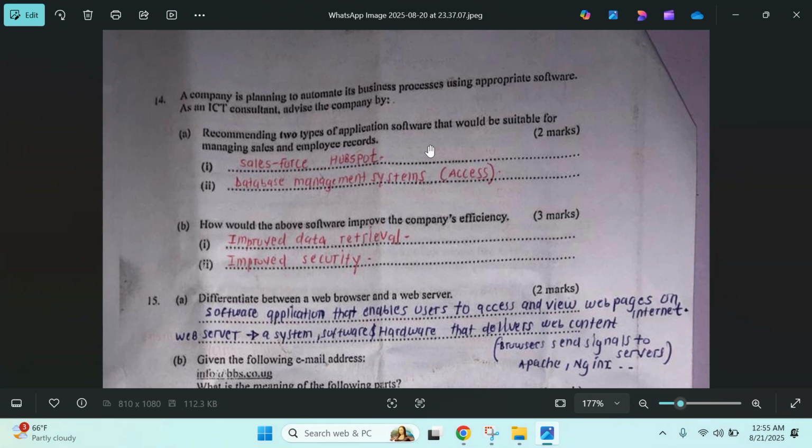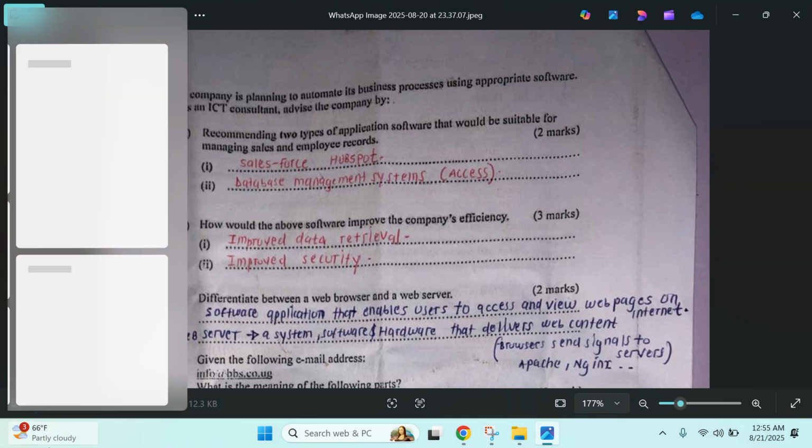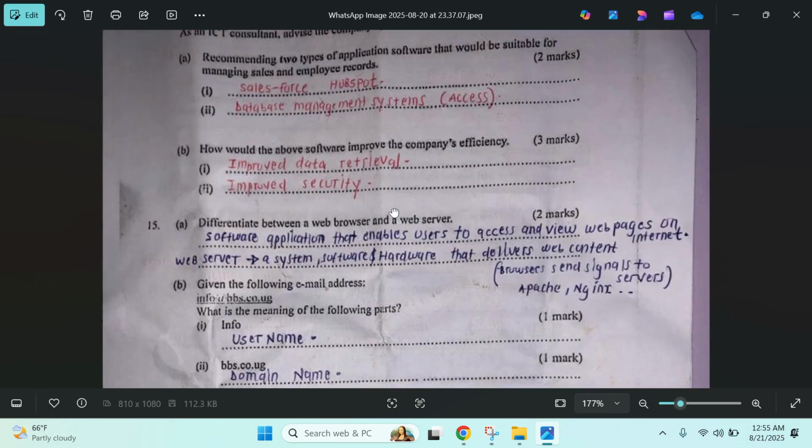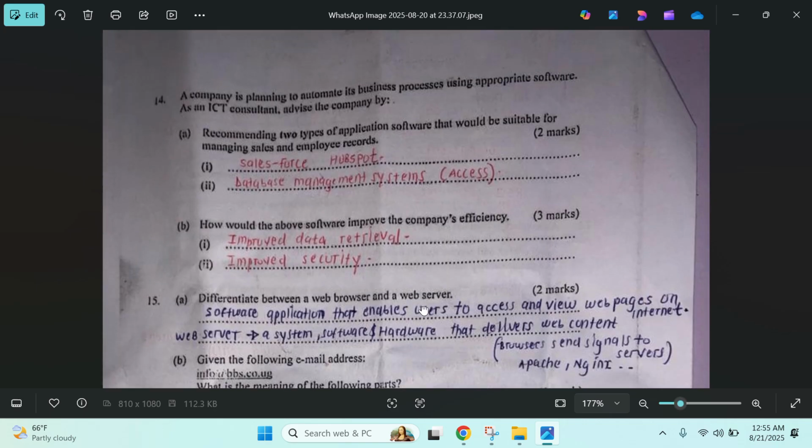Number 15 of the very paper. Oh sorry, before I go to number 15, I missed out on part B. Part B was, how would the above software improve the company's efficiency? If you're using those software above, how do they improve the company's efficiency?